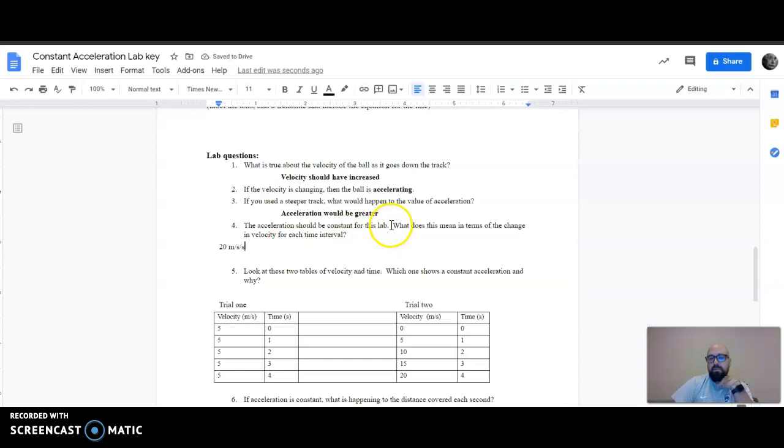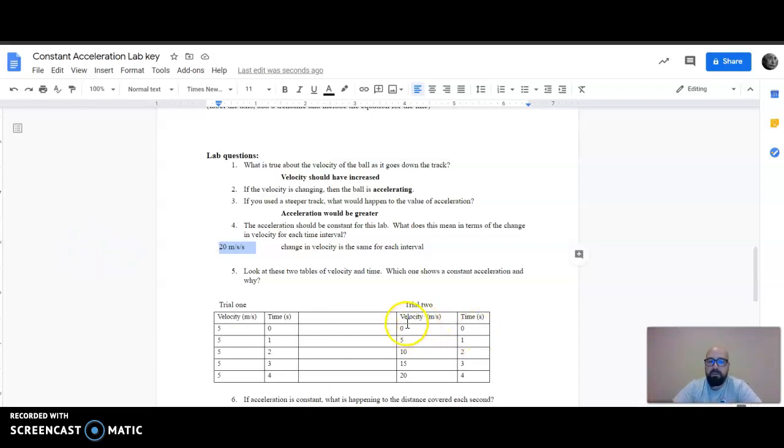And here's where I needed you to word this specific to that. What that means, if acceleration is constant, is that the change in velocity is the same for each interval. So in 1 second, it goes up by 20, and the next second it goes up by 20, and the next second it goes up by 20.